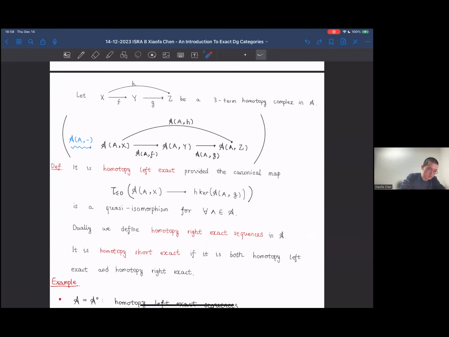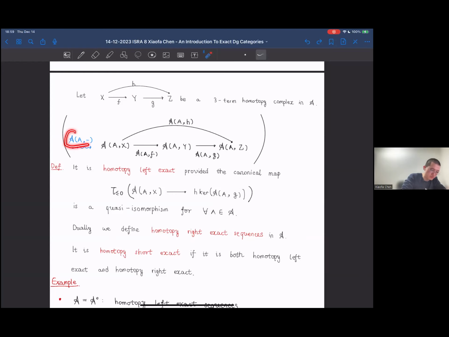So we consider a three-term homotopy complex over A, this. F and G are closed morphisms of degree 0, so the differential of both morphisms is 0, and the differential of H is the difference of the composition of these two morphisms.